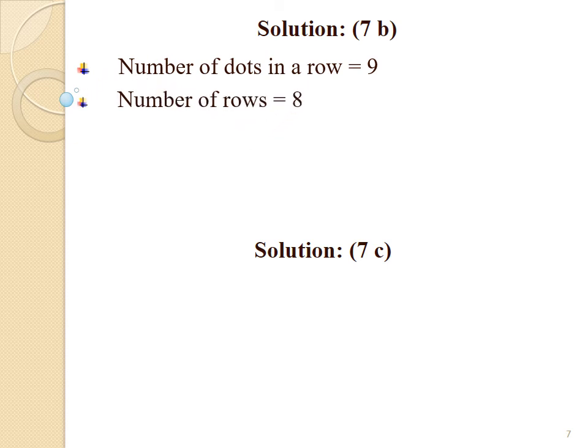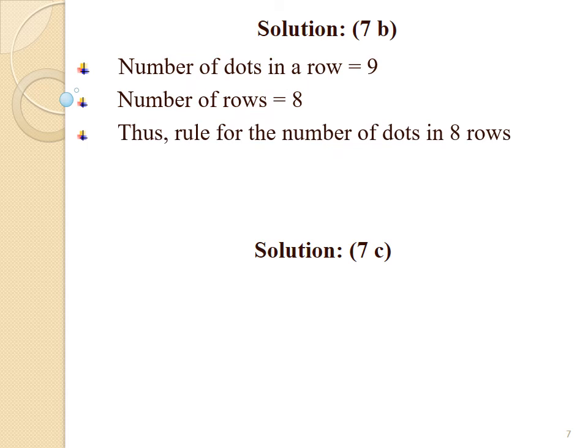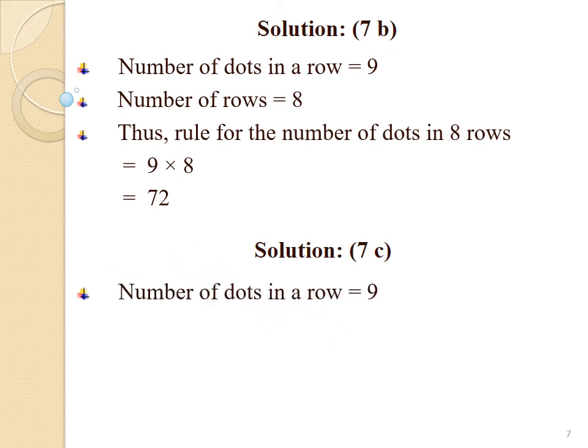Thus, number of dots in 8 rows equals 9 into 8 equals 72. Now, solution of sub-question C. Number of dots in a row equals 9.